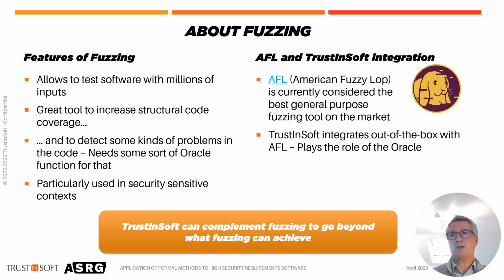Something that happened being a failure or a weakness that has to be fixed or might be exploited if left as is. Okay. Fuzzers are particularly used in security-sensitive contexts because they allow to find vulnerabilities, and therefore, when you have a security concern for your code, it's quite interesting to use fuzzers for that.